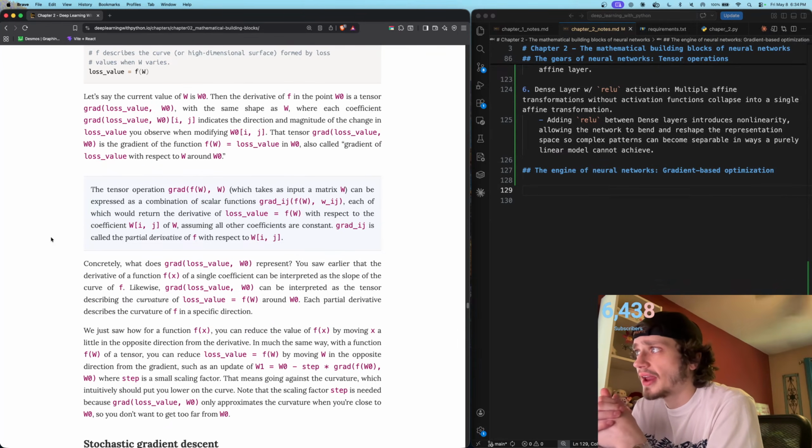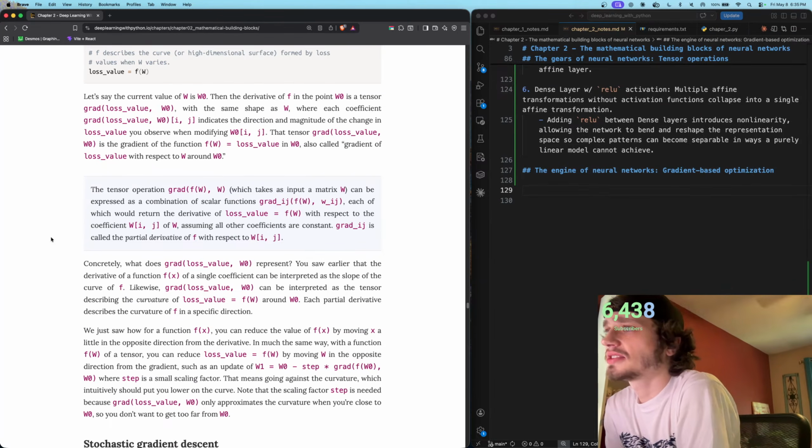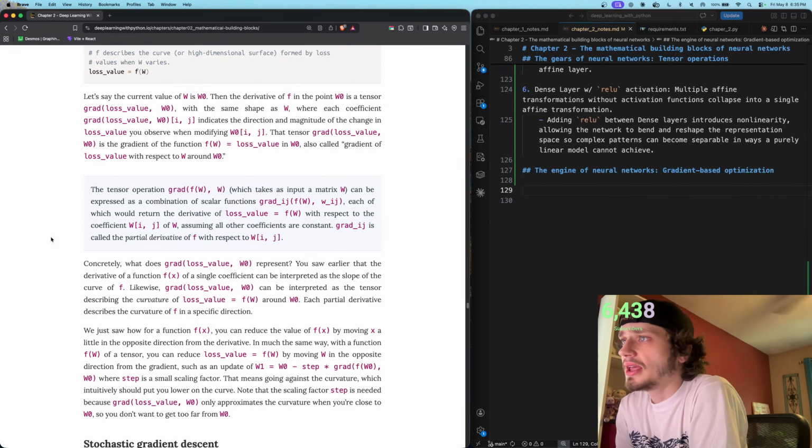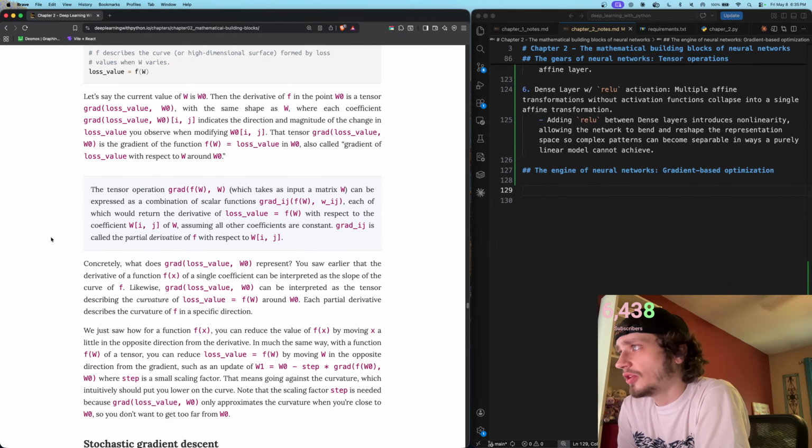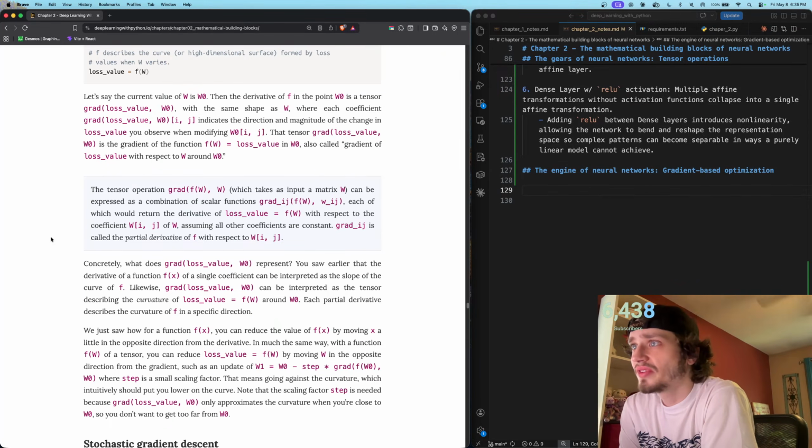That tensor grad loss value, W0, is the gradient of the function f of big W equals the loss value in W0, also called the gradient of the loss value with respect to W around W0. Right, the derivative of the loss value with respect to W around some specific weight W0.